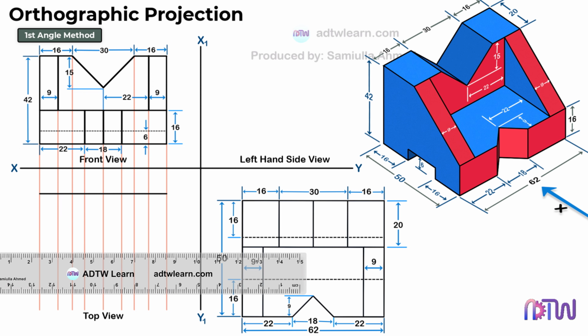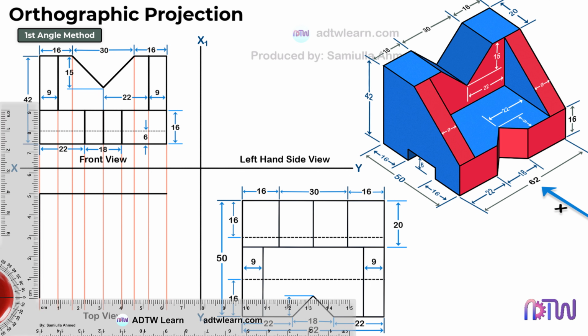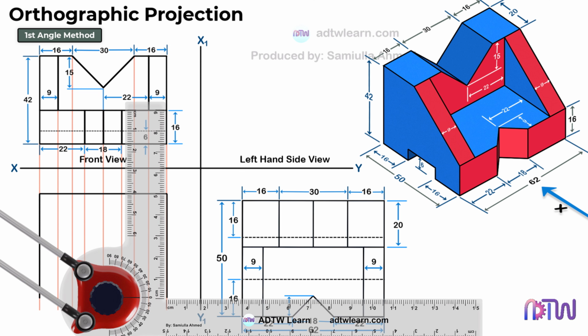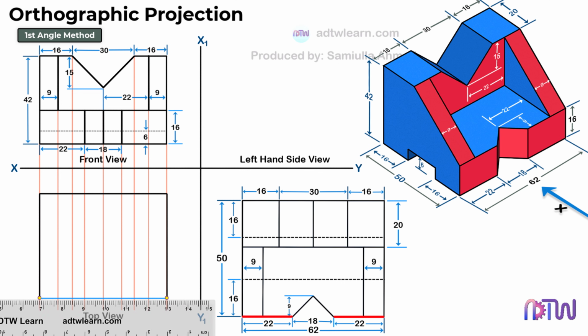Draw the vertical lines of 50 mm from the endpoints of this line. Draw a light line joining these two endpoints. Next, the length of these lines is 22 mm. Draw the dark lines of 22 mm in length from the endpoints.